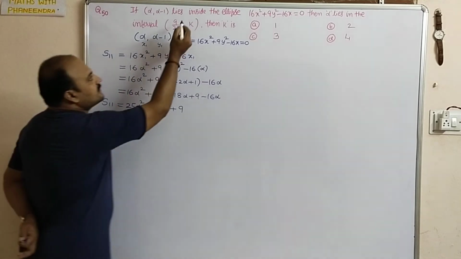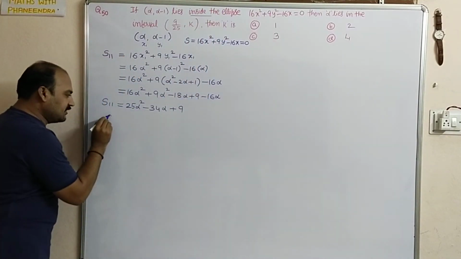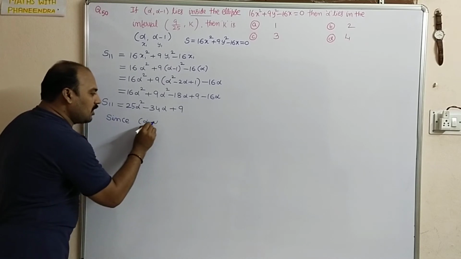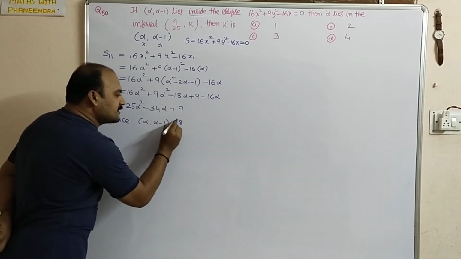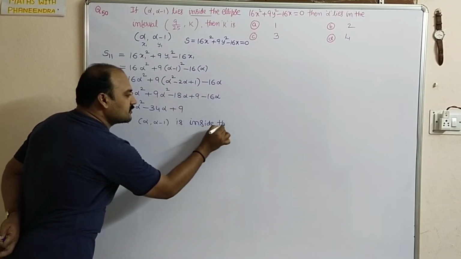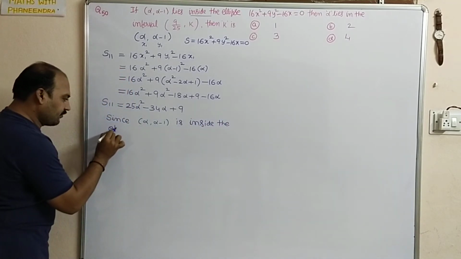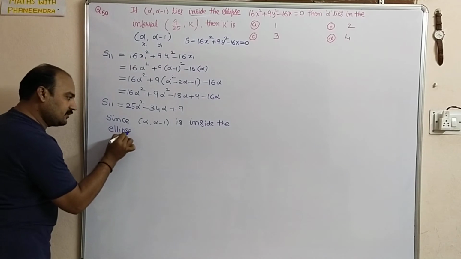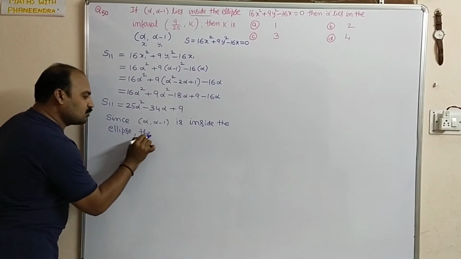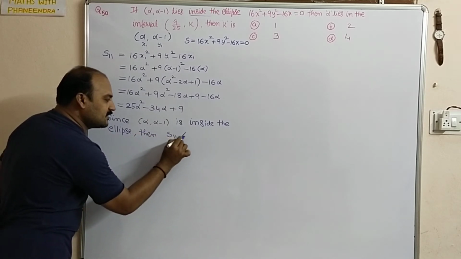Since the point (alpha, alpha minus 1) is inside the ellipse, S11 is less than 0.